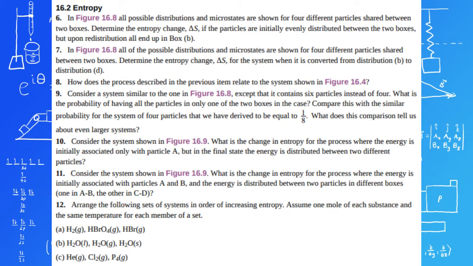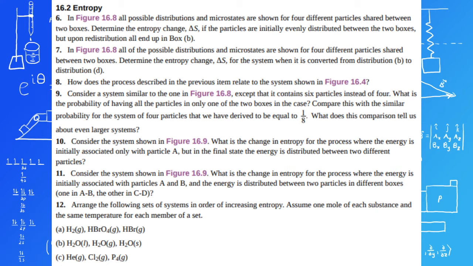Okay. Next set, we've got in figure 16.8, all possible distributions in microstates are shown for 4 different particles shared between 2 boxes. Determine the entropy change if the particles are initially evenly distributed between the 2 boxes, but upon redistribution all end up in box B. Okay, let's see.